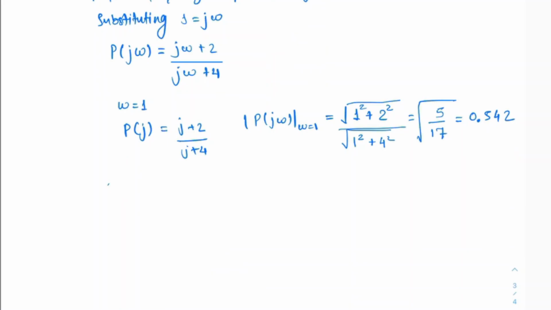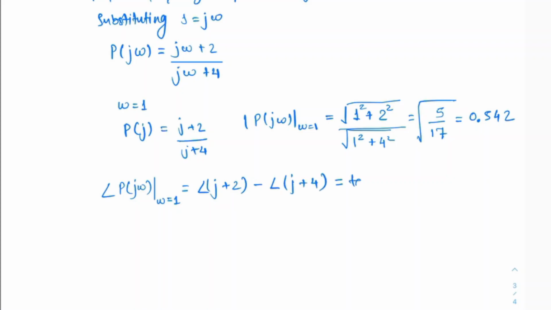Now let's also calculate the angle of P(j omega) at omega equals 1. This would be the angle of (j plus 2) minus the angle of (j plus 4).